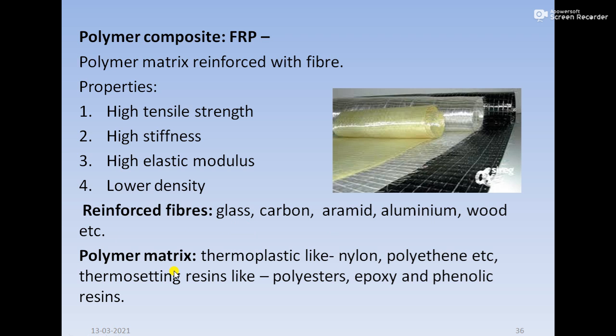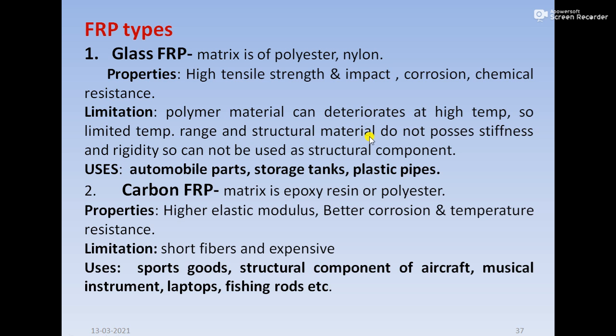And polymer matrix you can take thermoplastics, nylon, polyethylene, or you can take thermosetting resins like polyester, epoxy and phenolic. So what it means? You are taking it as a matrix space, and this will be reinforcement. So you can see this is a carbon reinforced plastic, this is a glass reinforced plastic, and this is aramid reinforced plastic.